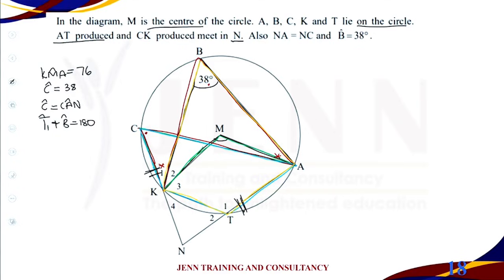So I know that the size of angle K2 will be equal to angle B, an exterior angle of a cyclic quad. So the size of angle T2 is equal to 38. This is my exterior angle of a cyclic quad.